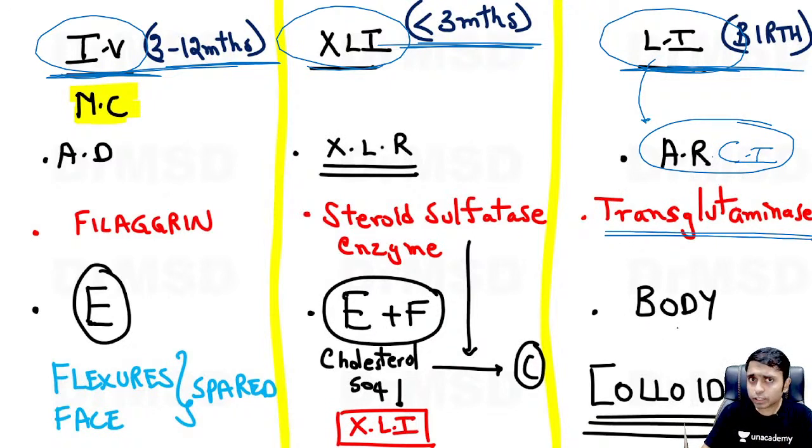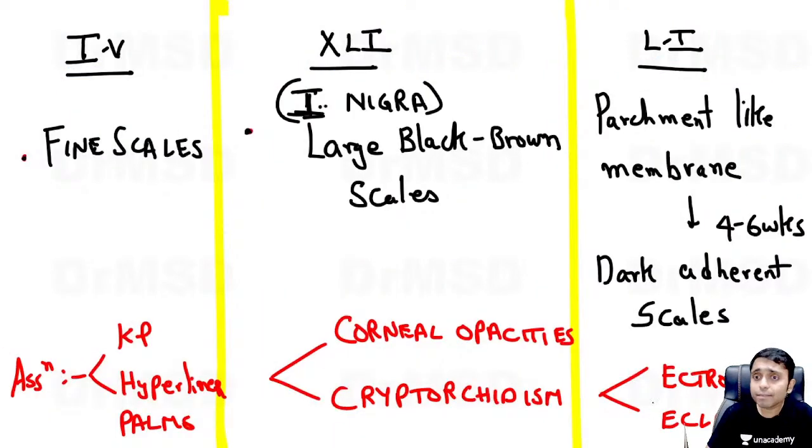Because of which, during birth itself, there is going to be a membrane called the collodion membrane which will encircle the entire body. And these children, because of this membrane, because of the tension, are going to have ectropion and eclabium as complications. That is, the eyes don't close properly, and also the mouth can't be closed properly.